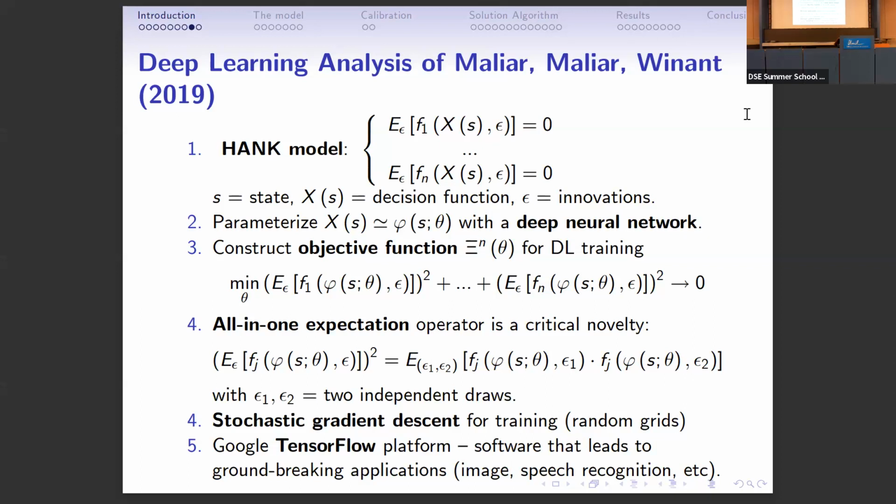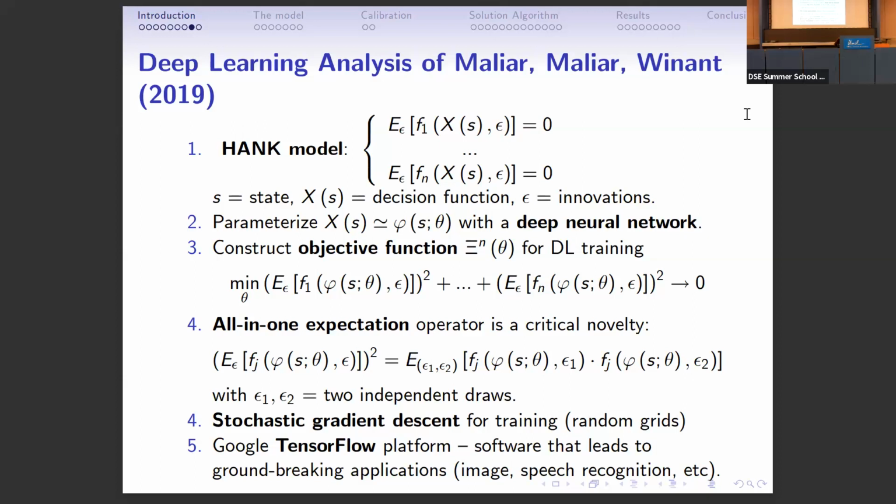And so if you have many sources of uncertainty, many types of shocks, this technique, all-in-one expectation, is very useful because it allows you to integrate easily for the case of multiple shocks and heterogeneous agents, so in a model of Krusell-Smith type.